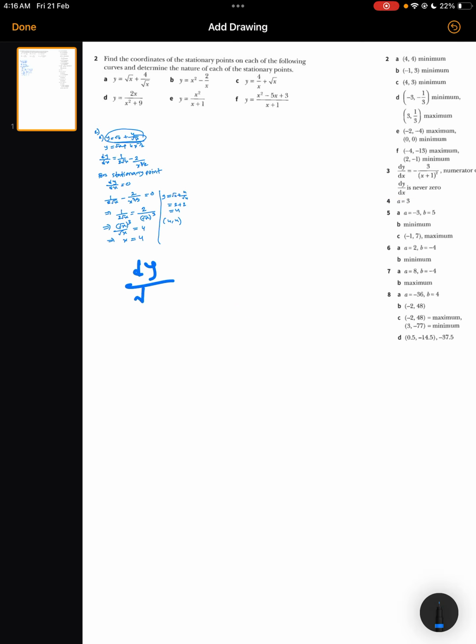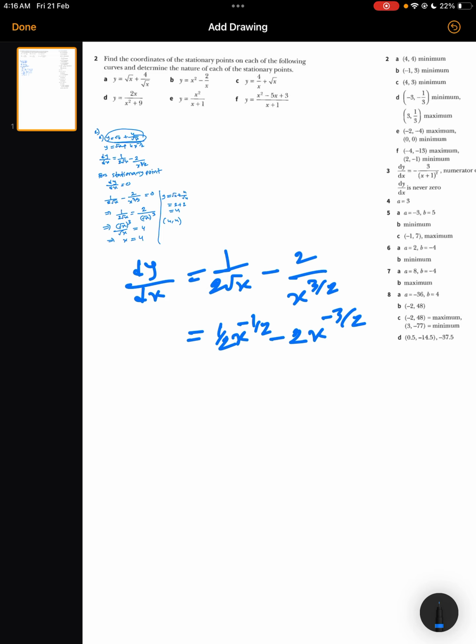So dy/dx is 1 by 2 square root of x minus 2 by x to the power 3 by 2. I can make it 1 by 2 x to the power minus half minus 2 x to the power minus 3 by 2.